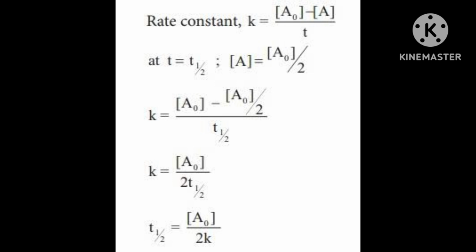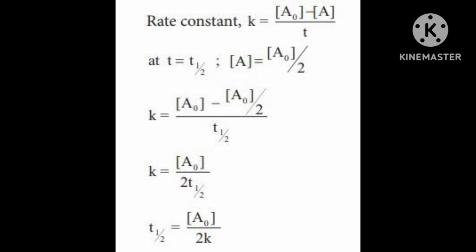Because log 10 power 3 is there, so 3 log 10, and log 10 value is 1, so simply 2.303 into 3, you will get 6.909 divided by K. This is the value of T. Now you know the T value in terms of K.